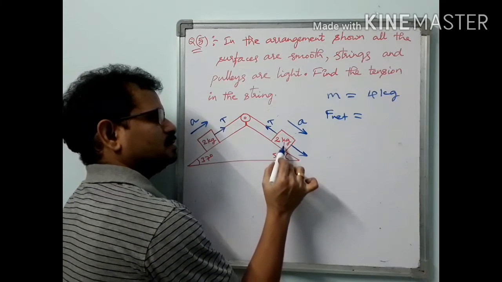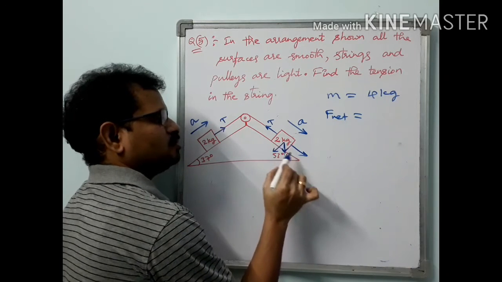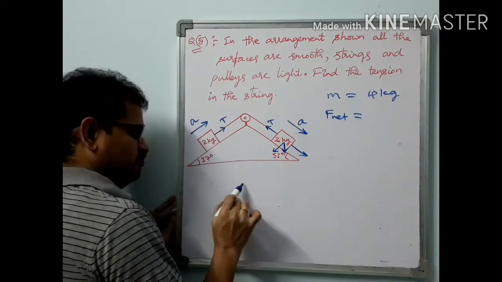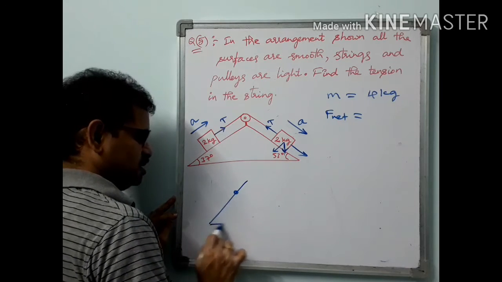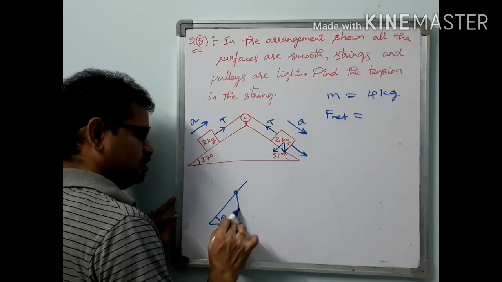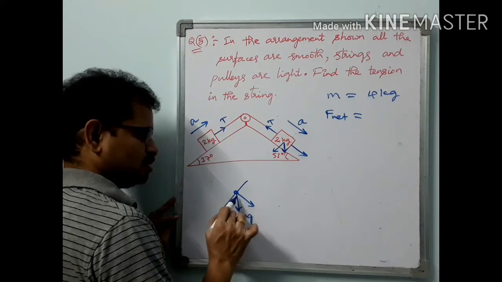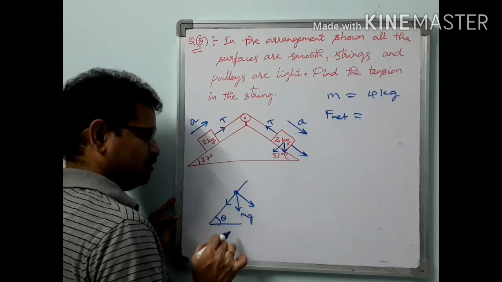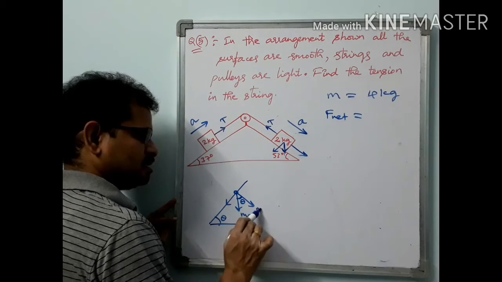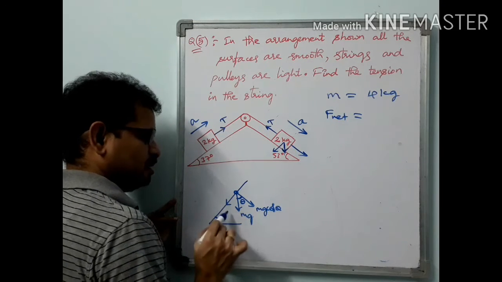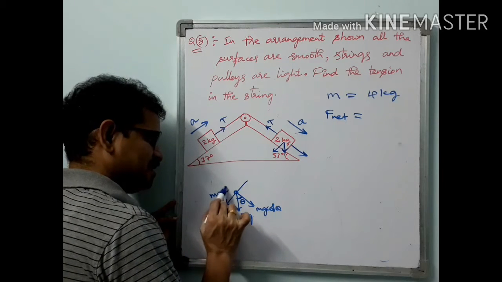Since gravitational force is like this, in this direction, this is one component, this is another component. You know, while we consider a block here, if gravitational force is like this, if this is theta, if this is mg, mg is resolved normal to the plane and parallel to the plane. Where is theta here? Theta will be here, no? So this is mg cos theta, and the component along the plane is mg sin theta.